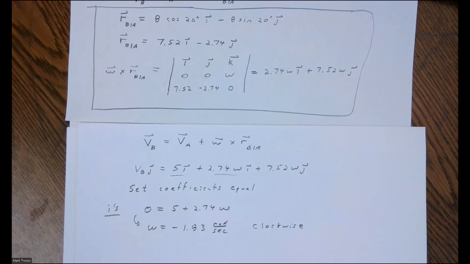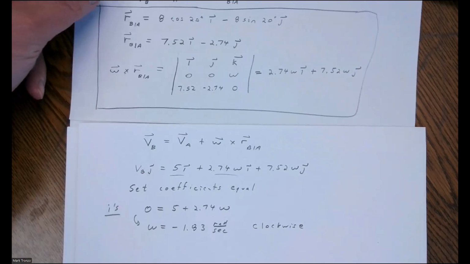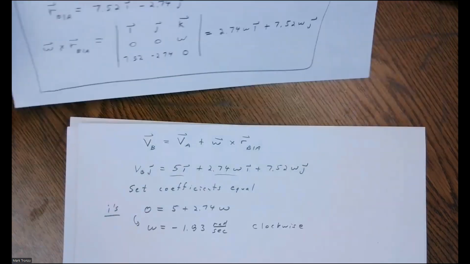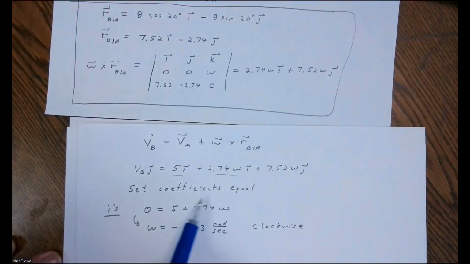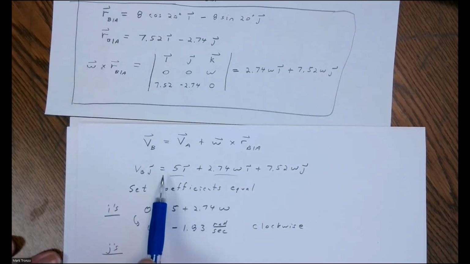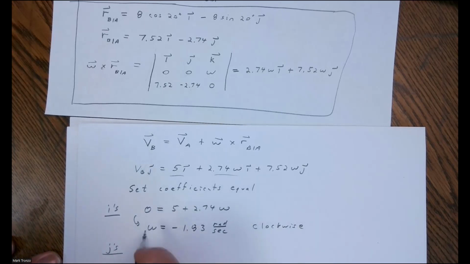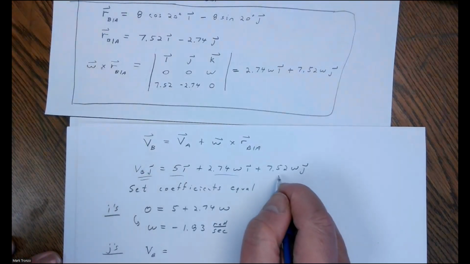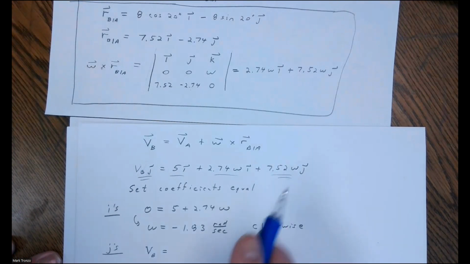And then finally, now we can find VB, because again, if we set the j's equal, over here, the j's, we have VB is equal to 7.52 omega.